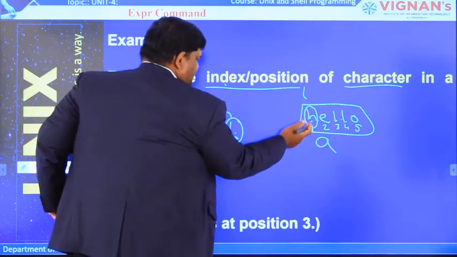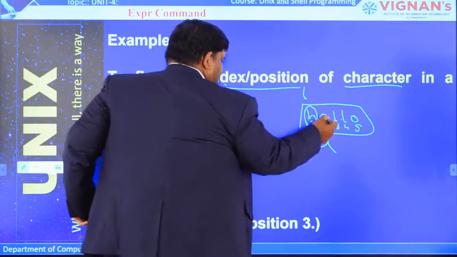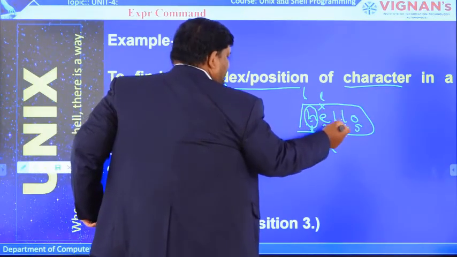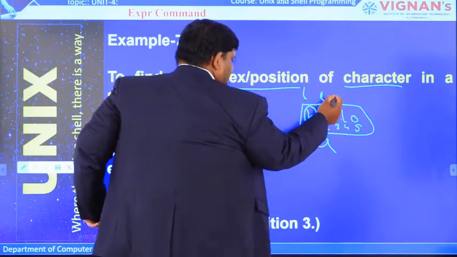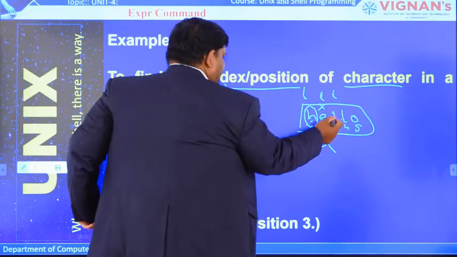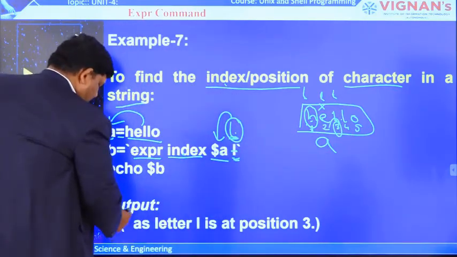So with the first character it does not match. Next it checks the second character, here E, so no match. Again it checks the third one, yes, here also L, so a match happens. That means L is located at the third place. So the answer is 3.